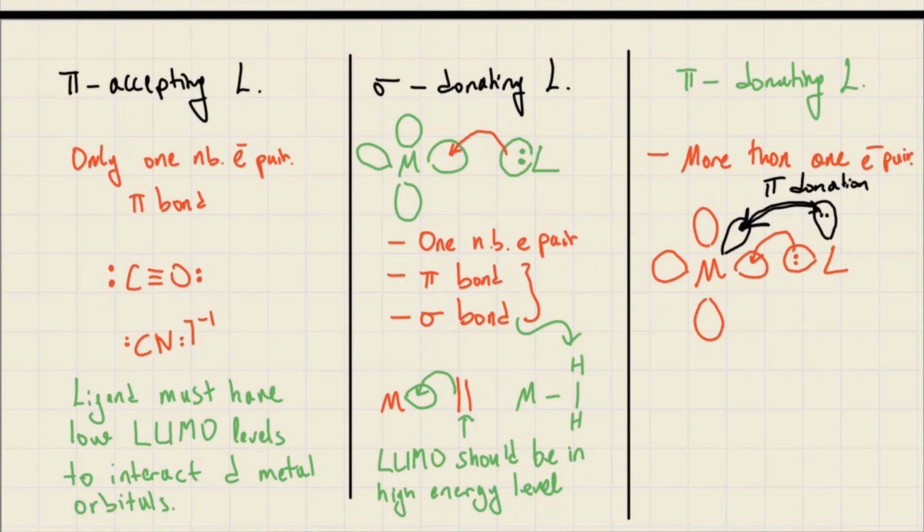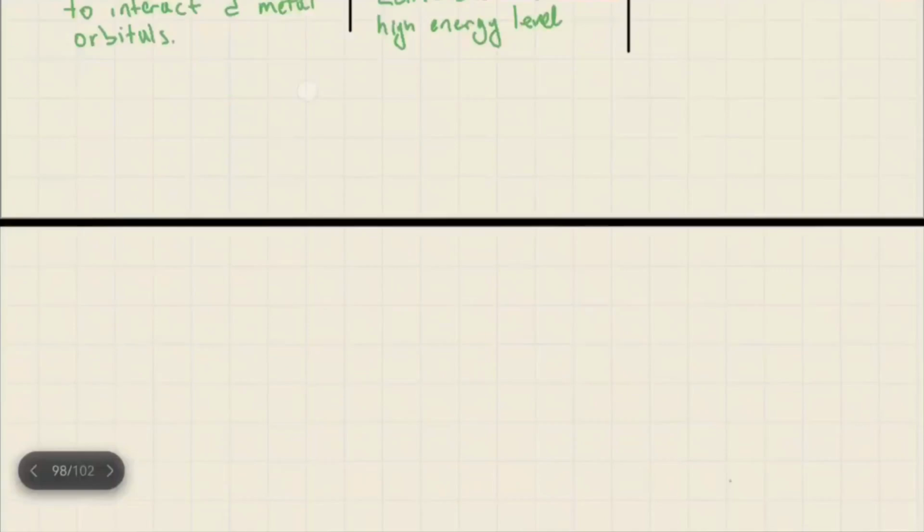So we definitely need more than one electron pair, and these ligands are, for instance, Cl minus, fluorine, or iodine, or the OH minus group. We have more than one electron pair, which makes these ligands pi-donating ligands. And we can look at the pi-donating ligands MO diagram.